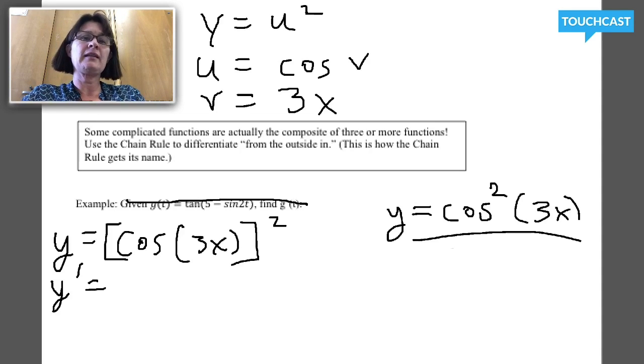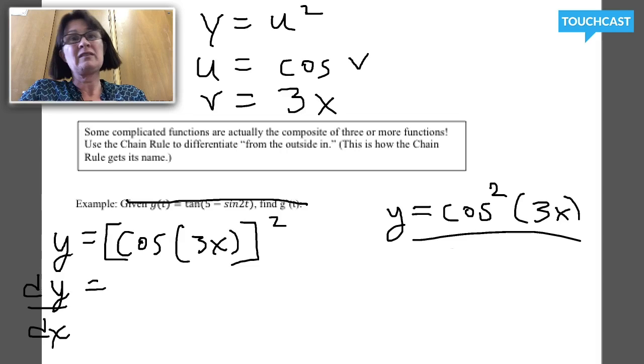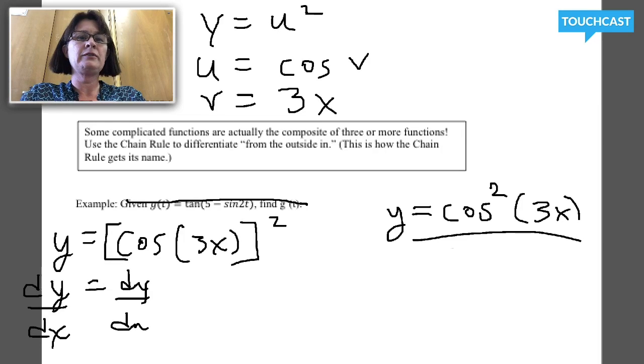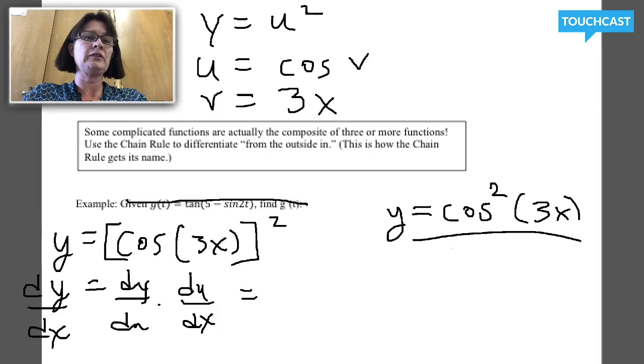So we said that y prime, or dy/dx, is going to equal, so let's use the derivative notation version of the chain rule. So it's going to be dy/du times du/dx. Well, what's the derivative of y with respect to u?